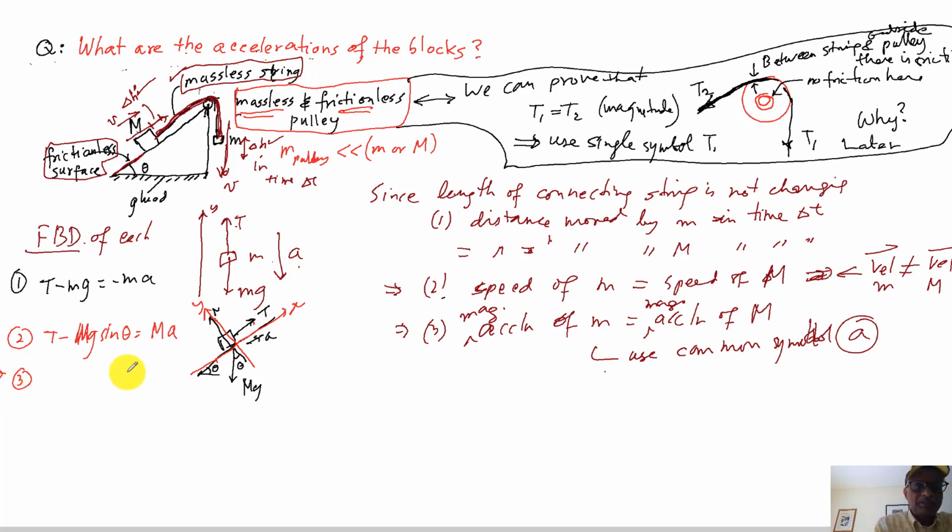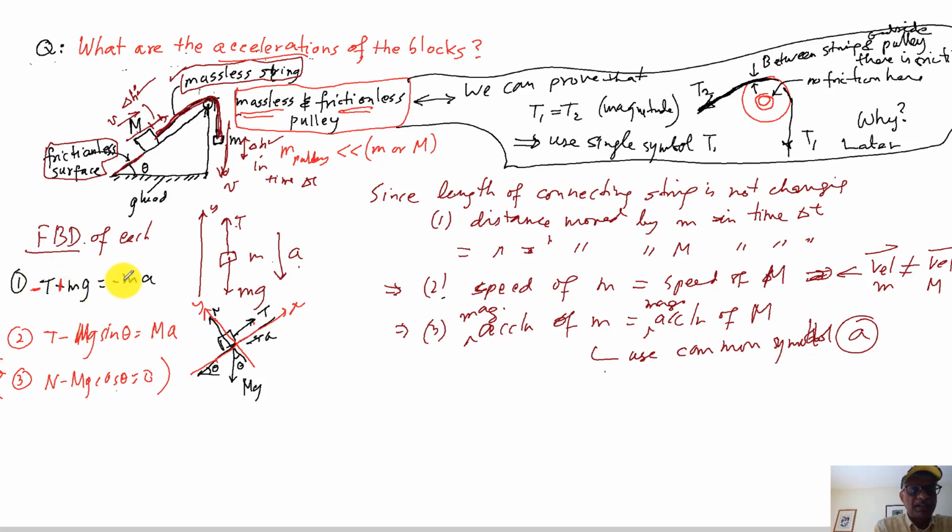Third, we don't need this, but we just write it down. N this way and Mg this way, so it's going to be N minus Mg cosine theta equals 0. Because there's no acceleration component along the y-axis, this is not needed for solving for acceleration, but it gets generated.